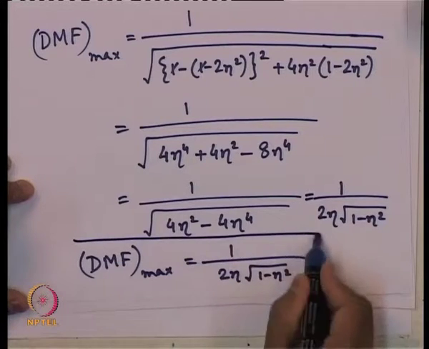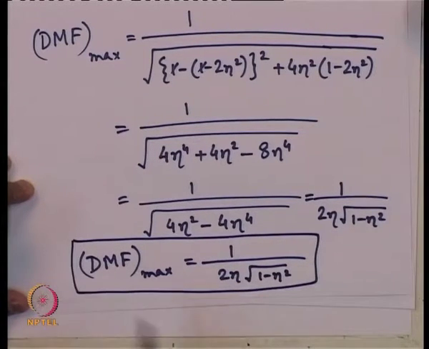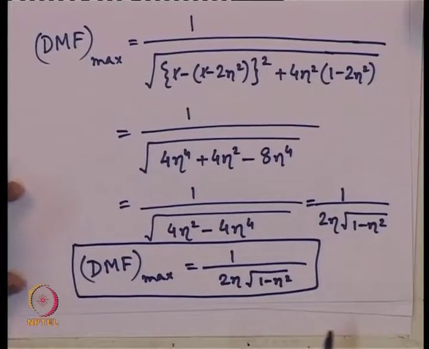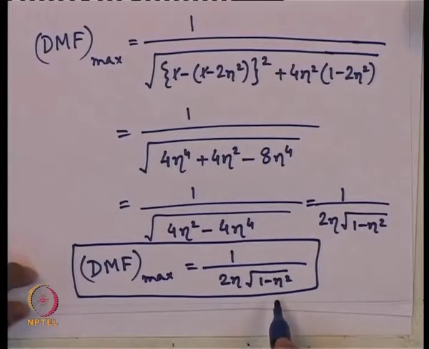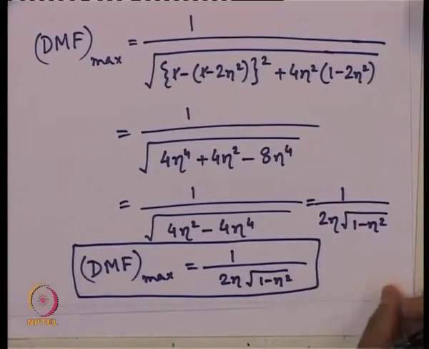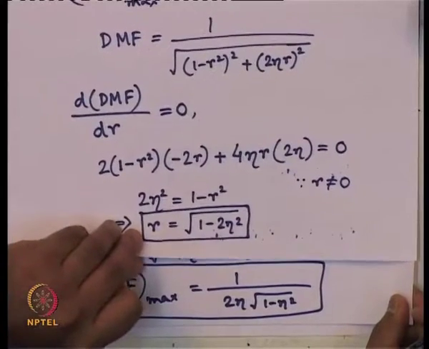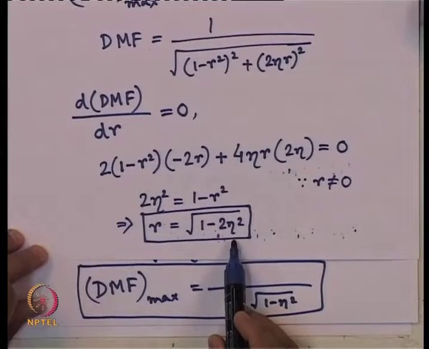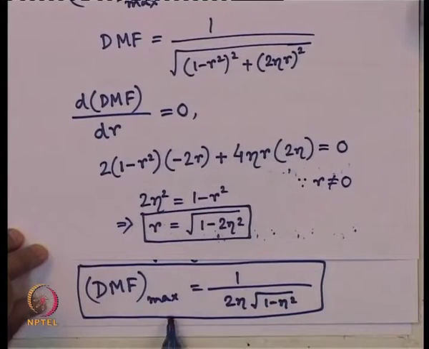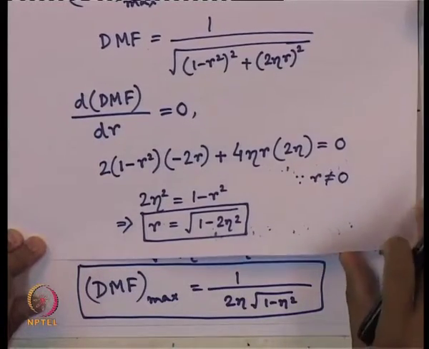This is another important expression which we use for our engineering solutions. It is independent of the value of r, because we know at which point of r it will occur. That point is r equals root over 1 minus 2 eta square, and the maximum value depends on our value of eta.